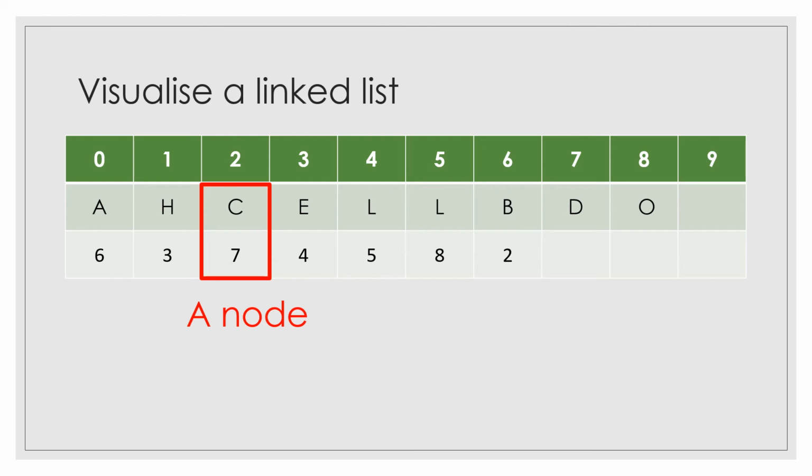A node stores 2 values, some data, in this example the letter C, and a pointer. A pointer is always an integer. Remember from our previous work that a pointer is an address. It identifies a memory location. We say it points to that location. In this example, node 2 points to memory location 7.